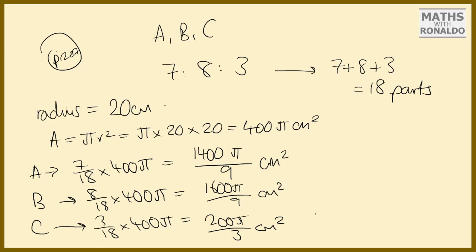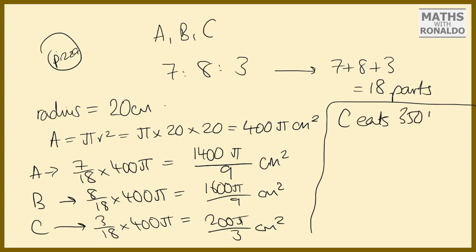Now if we add to the question to make it such that C eats 350 pi centimeters squared of pizza, what is the radius of the pizza?